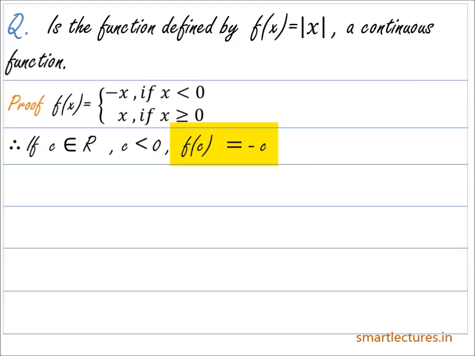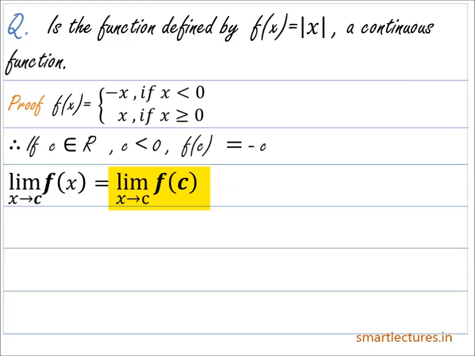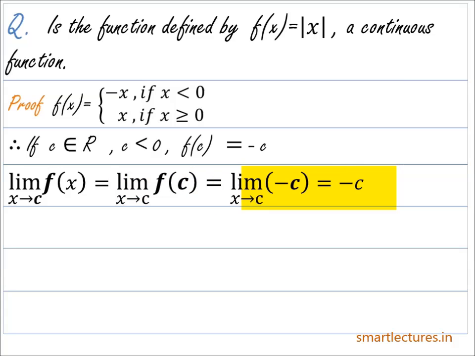Now limit x approaches c, f of x is equal to limit x approaches c of minus c, which is equal to minus c. That means the limit of the function at the point c, when c is a negative number, is equal to minus c, and is also equal to the value of the function at c.